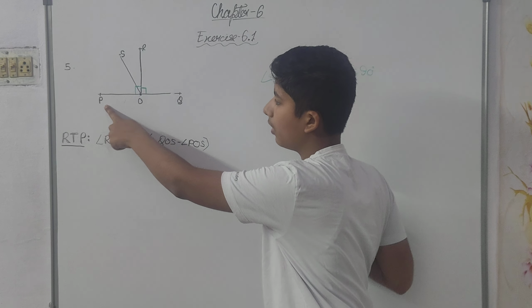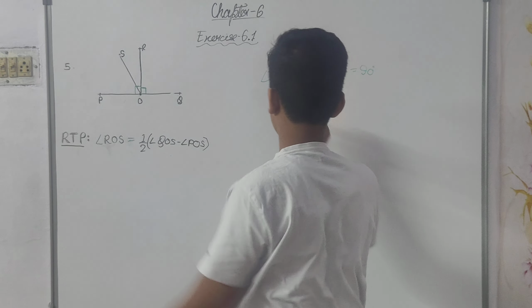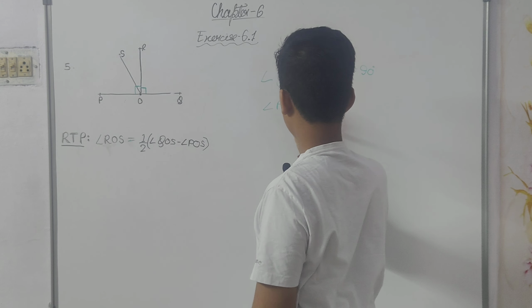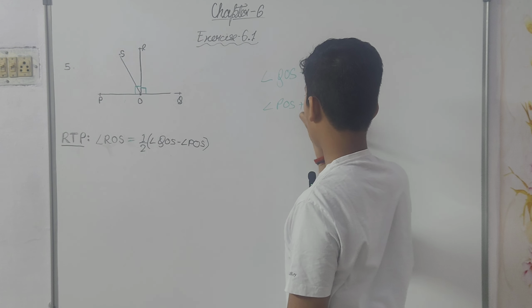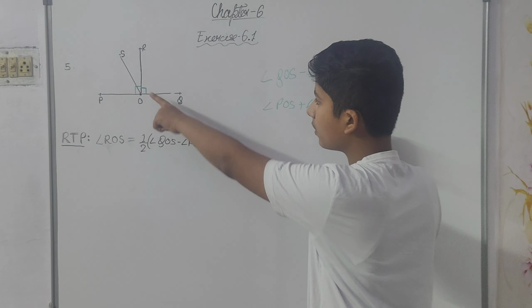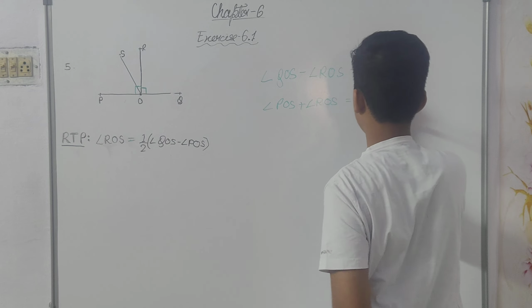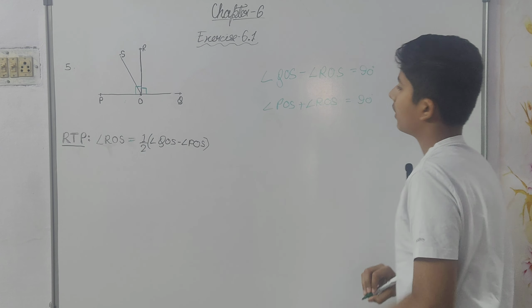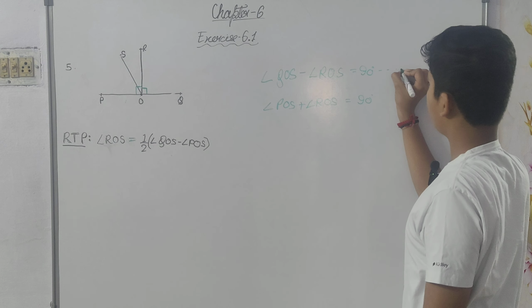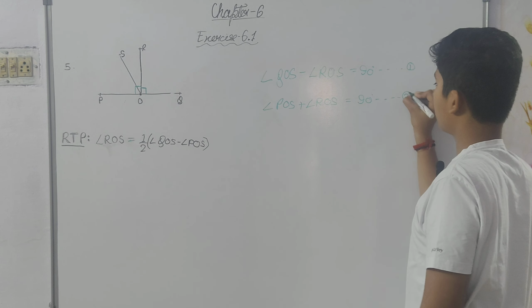Now angle POS plus angle ROS equals angle ROP, which means 90 degrees. This is equation 1, and this is equation 2.